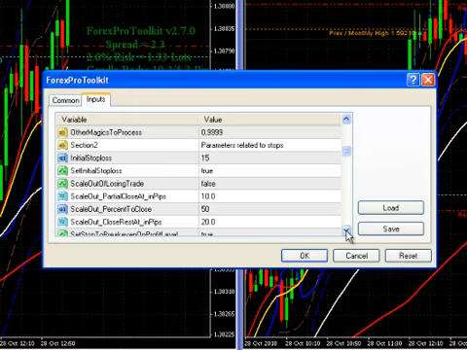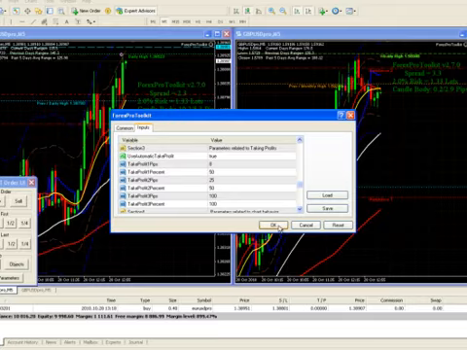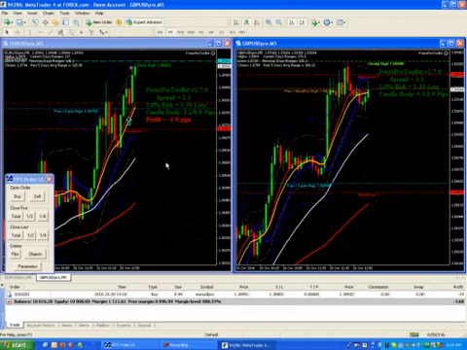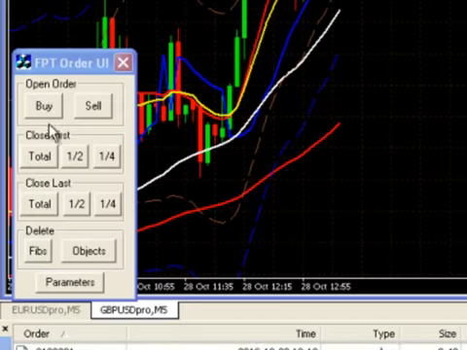On the euro, I turned off the scale out of losing trades, but I still have it set on the pound, so we can see the difference. Now let me enter a buy position on the pound. So I go over here and press the buy button.